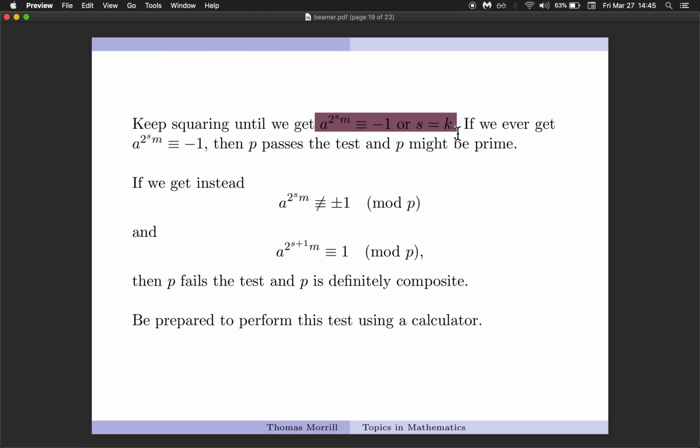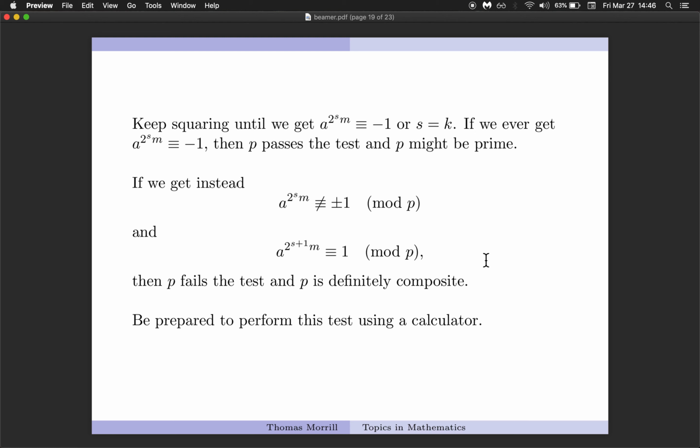There's some exit conditions here to save yourself some effort. Obviously, if you keep squaring and you eventually land on a -1, then you're not going to find one of these illegal square roots of 1. You'll just have -1 is the square root of 1. Okay, cool, great. So in that case, if you pass the test, then p is maybe a prime number, maybe composite.